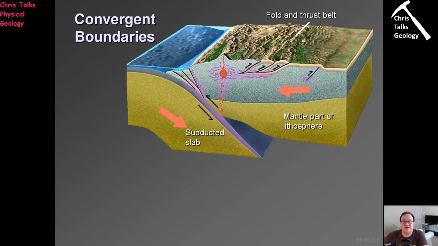Now, we are lucky in that when it comes to convergent plate boundaries, especially those associated with continent-ocean convergence, we obviously have a very thick piece of crust right here, which is made even thicker by the addition of a mountain range. And so what we have here is an area of continental crust that's going to get really nice and warm.